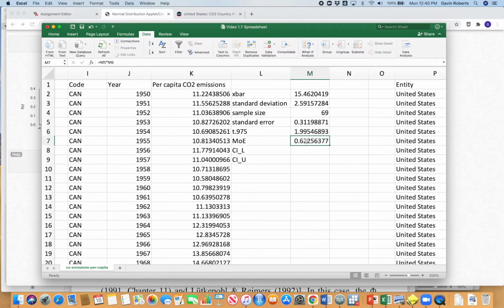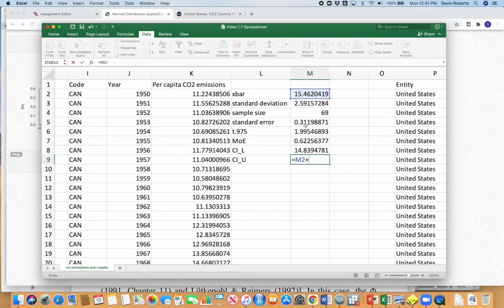Now, I'm ready to take my margin of error. That is the number that is subtracted and added from X bar. So for my lower bound of my confidence interval equals X bar minus this number. Upper bound equals X bar plus this number.